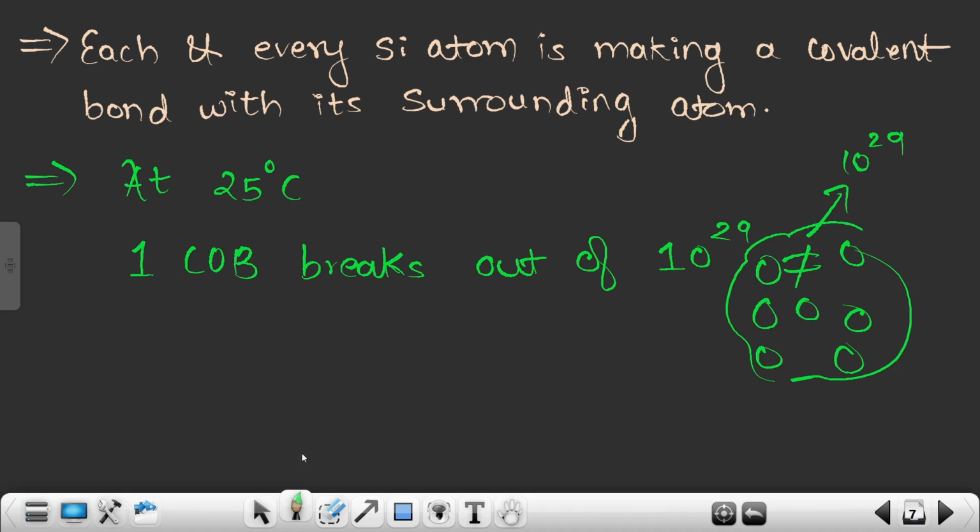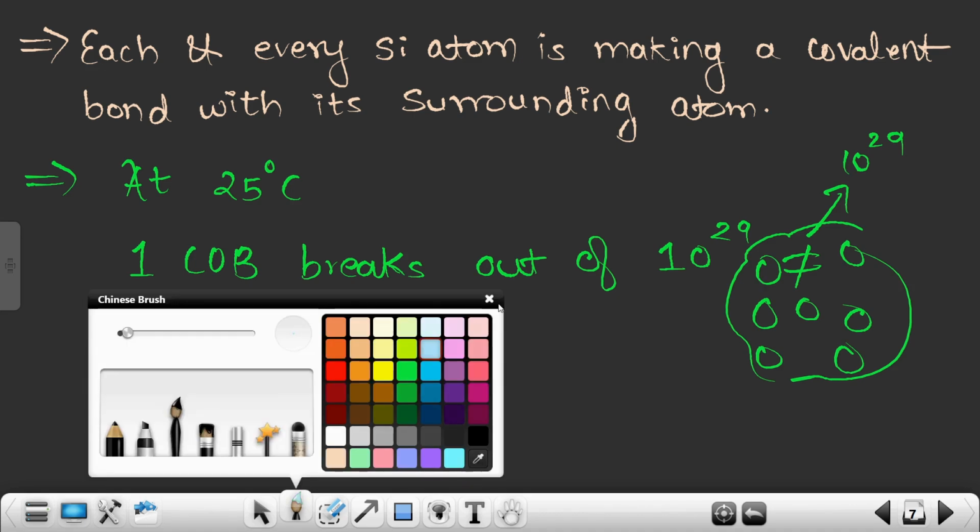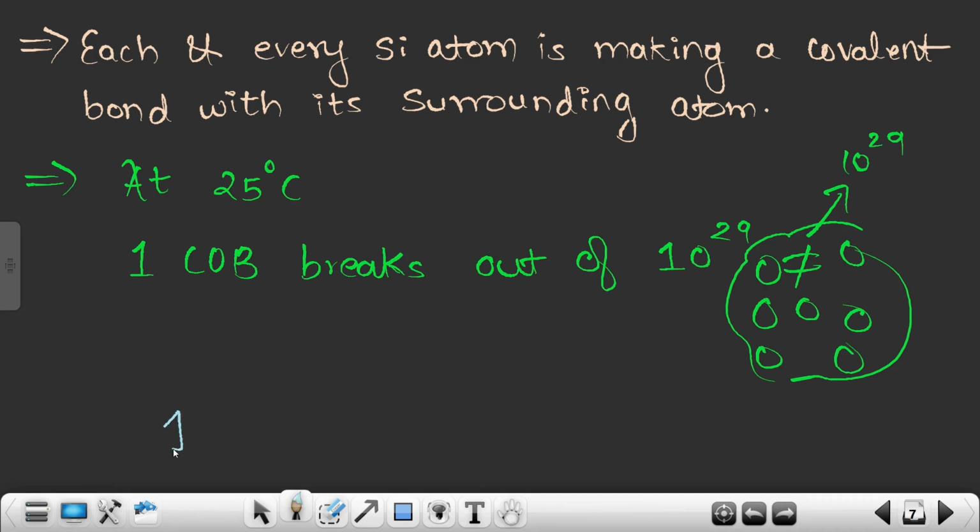If you remember, I had already mentioned that 1 mole of anything, 1 mole of silicon, is equivalent to 6 times 10 raised to 23 atoms. It is generally 6.023, but I'll take 6 times 10 raised to 23. Are you able to compare this?